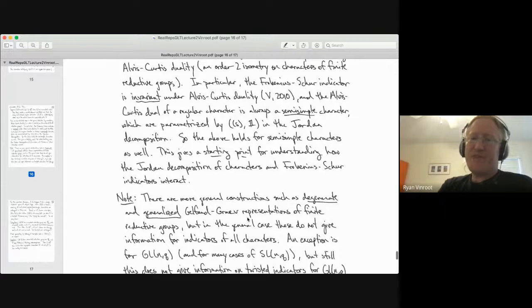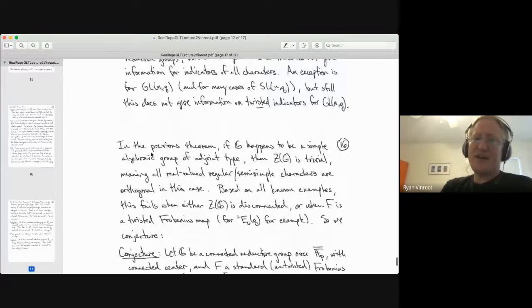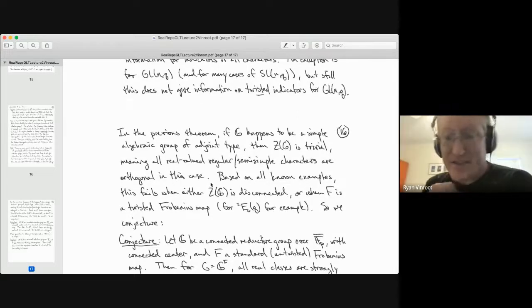And it seems like the only time these things get broken is when the center is disconnected.